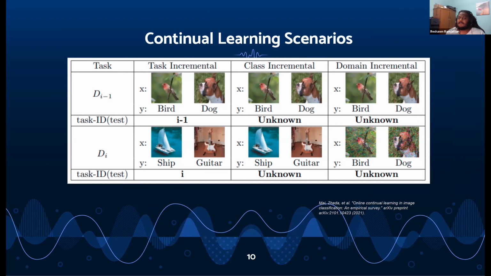So firstly, there's the task incremental scenario, where an entirely new type of job can be learned, but it requires maintaining these identifiers, like i minus 1 and i, which is a bit tedious during inference.